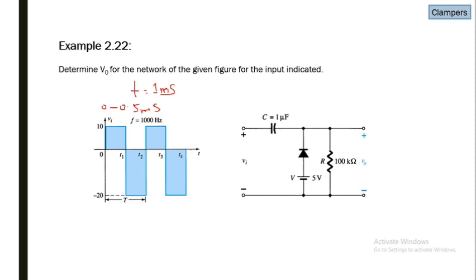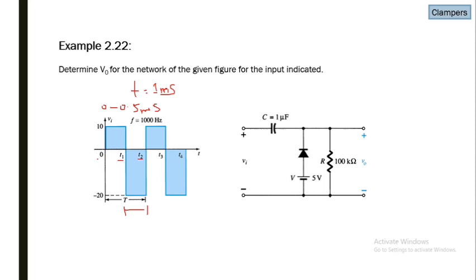If you remember the first step, it says we should start our analysis from the part of the signal when the diode becomes forward bias. In this case, the diode becomes forward bias for this part of the signal, that is from T1 to T2.